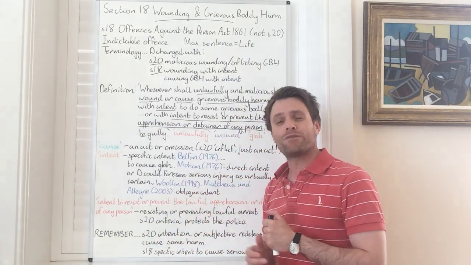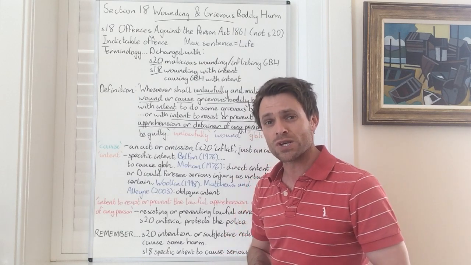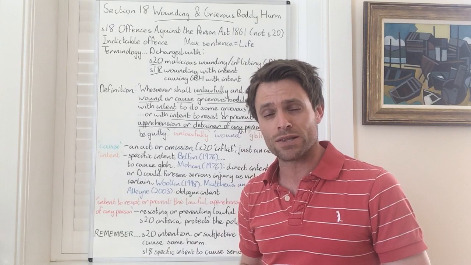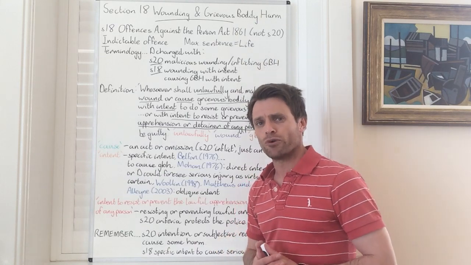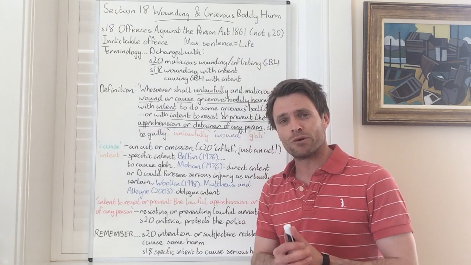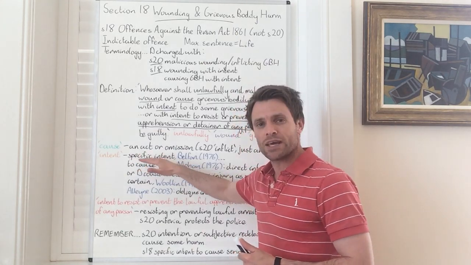And it was ruled that the defendant didn't have the specific intent for those consequences, and therefore it was more appropriate that they were convicted for a Section 20 offence. The bit that's important for us is that the judge did clarify that in order to be found liable for a Section 18 offence, the defendant needs specific intent.